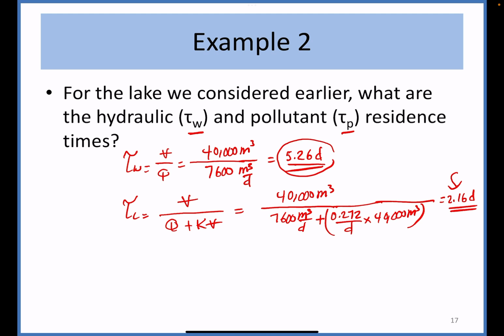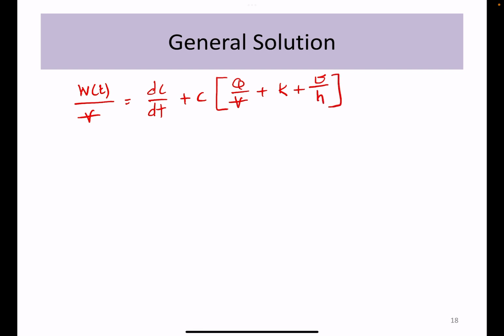So now, we mentioned before that the loading as a function of time divided by the volume is equal to the change of concentration with time plus C times Q over volume plus K plus settling velocity over the average depth of the CSTR.